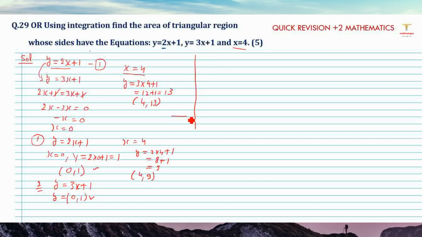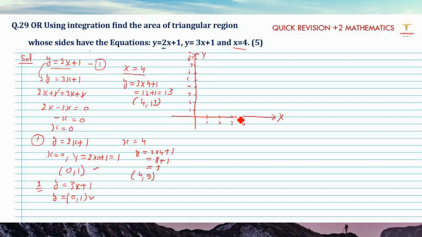See children, this is the x axis, this is the y axis. Now as I am telling you, this line is passing through (0, 1) and (4, 9). So if you just take 1, 2, 3, 4 here, and here you take 1, 2, 3, 4, 5, 6, 7, 8, 9, you just take it like this.